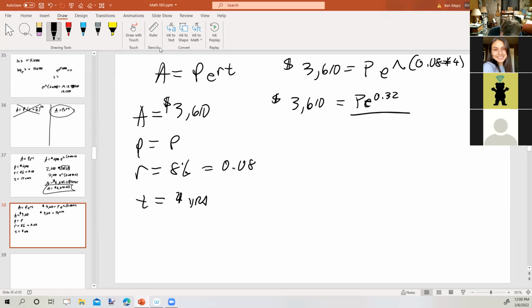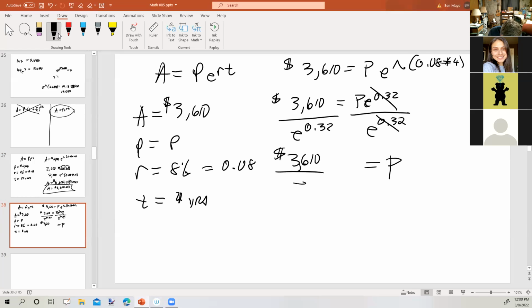So now I'm going to divide both sides by e to the 0.32 power. Those were reduced down. So P equals 3610 divided by e to the 0.32 power.